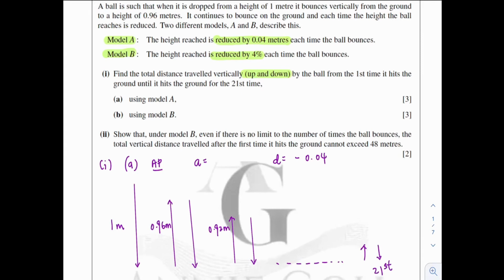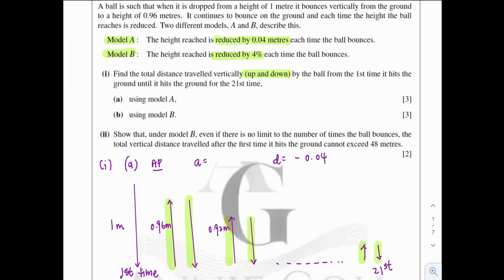Alright, to answer the question, part 1 is asking about the total distance traveled vertically, up and down, by the ball from the first time it hits the ground. So it hits the ground first time here, which means we'll need to start calculating the height here onwards until it hits the ground for the 21st time.